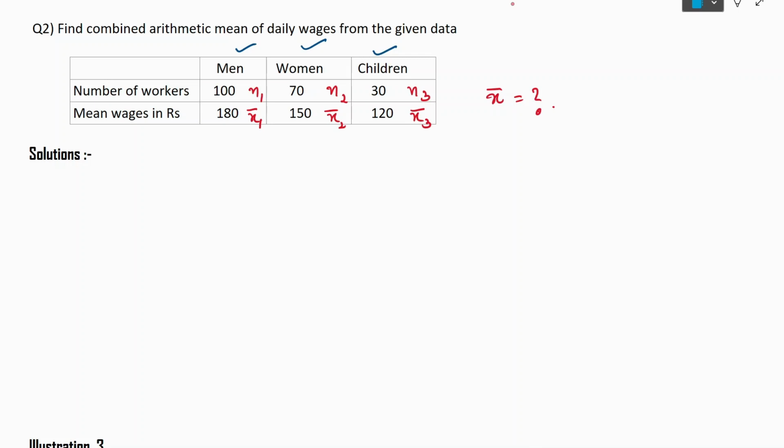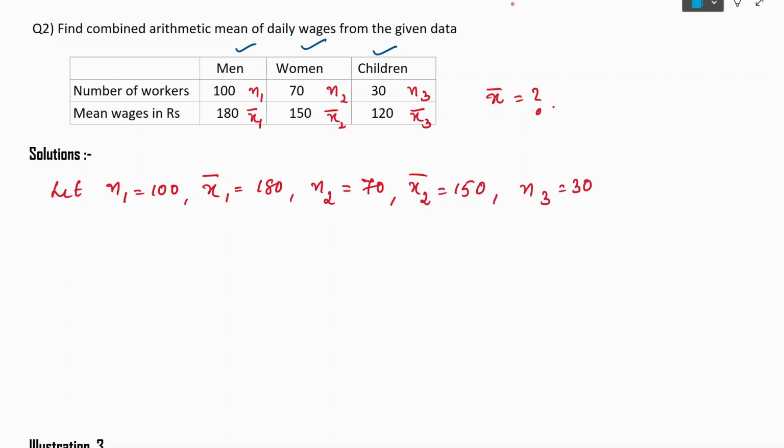Therefore, let N1 equal to 100, X1 bar equal to 180. Next, N2 equal to 70, X2 bar equal to 150. N3 equal to 30, X3 bar equal to 120.